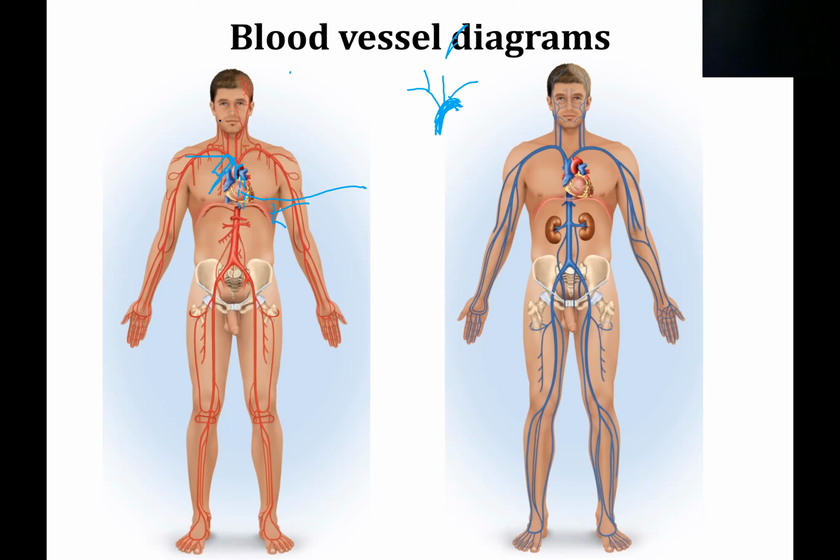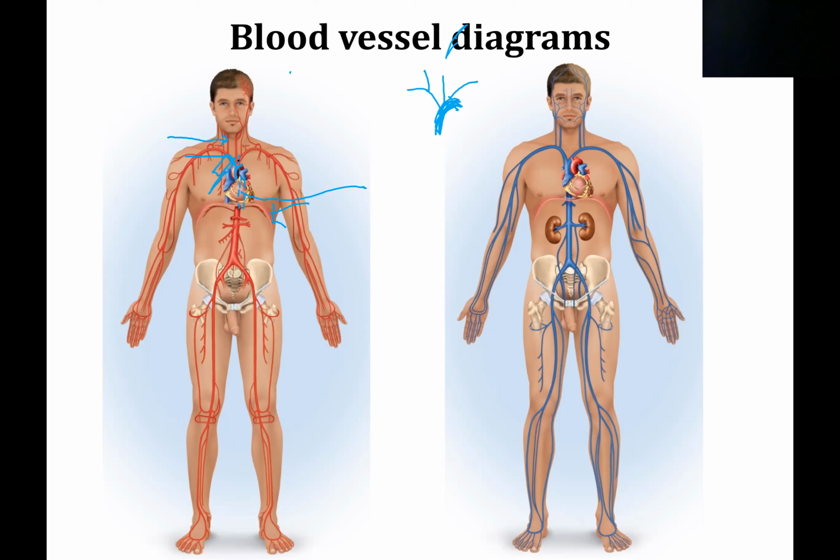Coming off of the brachiocephalic trunk and going up towards the head, on this side, it would be the right common carotid artery. My bad, it's the right common carotid artery. So the right common carotid artery comes off the brachiocephalic trunk.